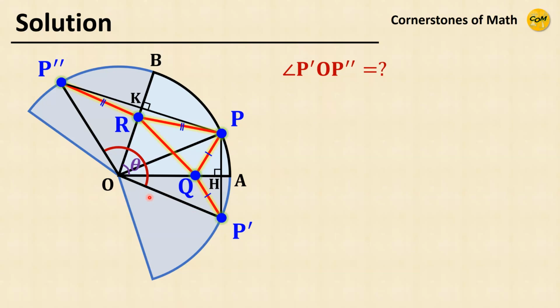What would be the magnitude of the angle P'OP''? Here, let this angle be alpha and this angle be beta. Then alpha plus beta is equal to theta. Moreover, by the symmetry, this angle is also alpha and this angle is also beta.